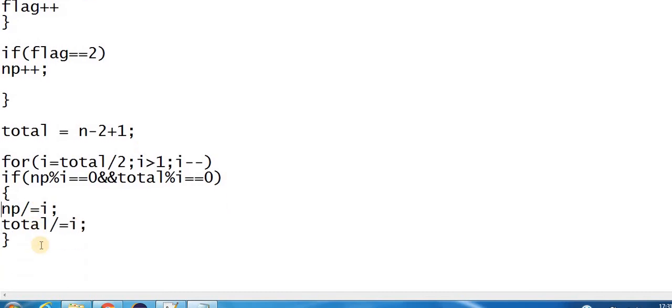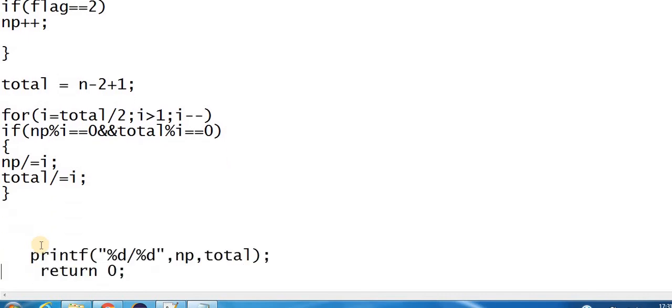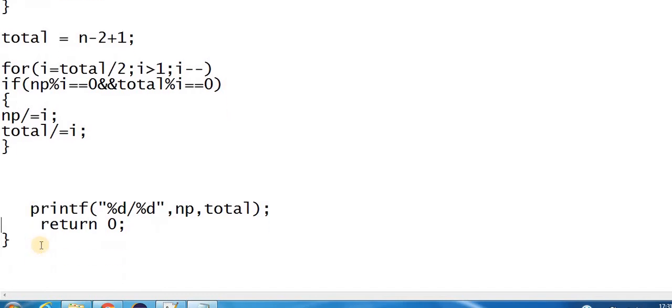So now we have reduced it to the irreducible form by finding all the common factors, starting from total down to 1. We find all the common factors and divide both the numerator and denominator if it's a common factor for both. So we'll arrive at an irreducible form. Later, at last, we'll print the irreducible form separated by a slash.